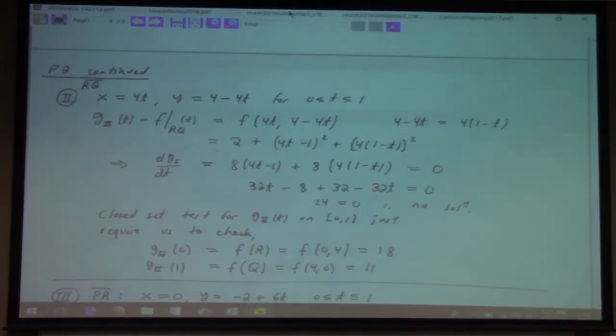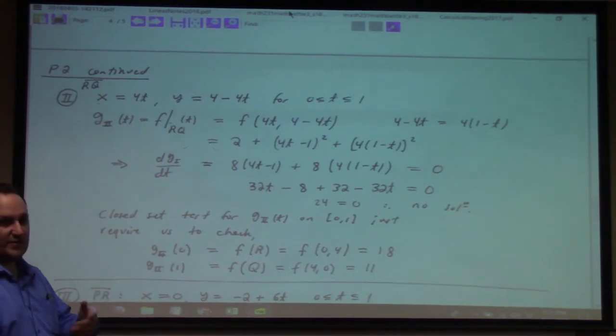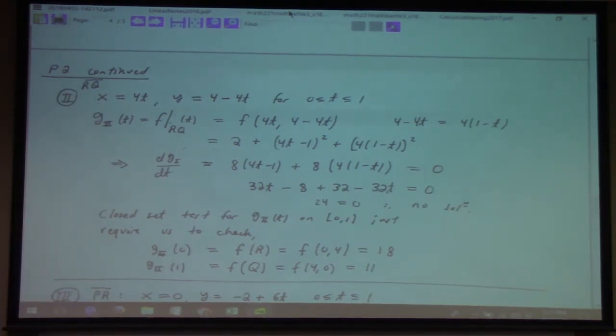Because the chain rule says I get twice this thing times the derivative of the inside function. The derivative of the inside function doesn't just give me 4, it gives me minus 4. So I should have minus 8 here. That's my mistake. If I put that minus 8 there, then we get 64t equals 24, which gives me another middle point to check. Yeah. So you guys got a middle point on all 3 legs. Okay. Good.